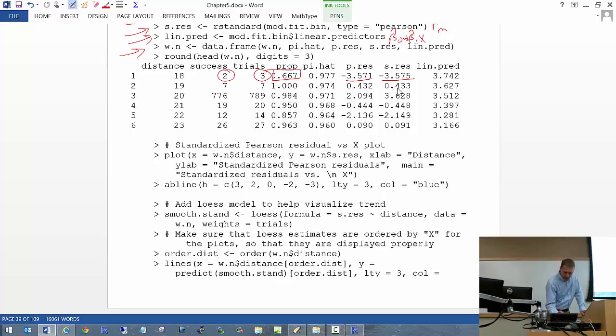But let's look at observation 5. At a distance of 22, you have 12 successes out of 14 trials. The proportion of successes is 0.857. The model predicts 0.964. I'm at negative 2.1 for my standardized Pearson residual, so it's a little bit outside of plus or minus 2.